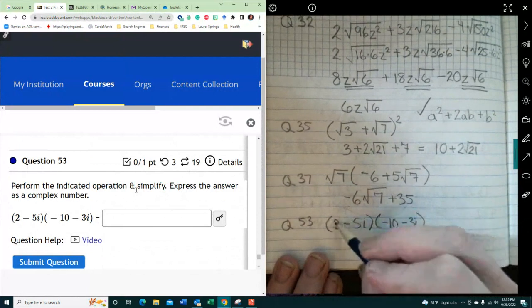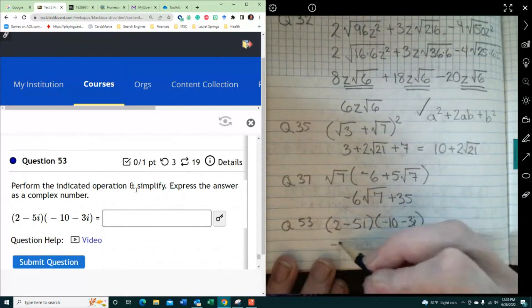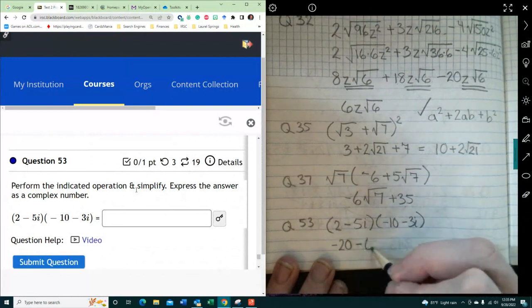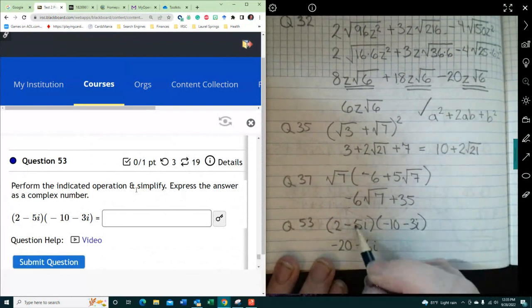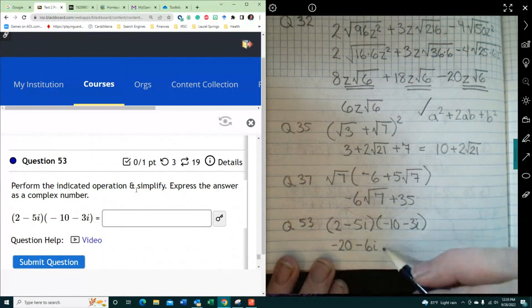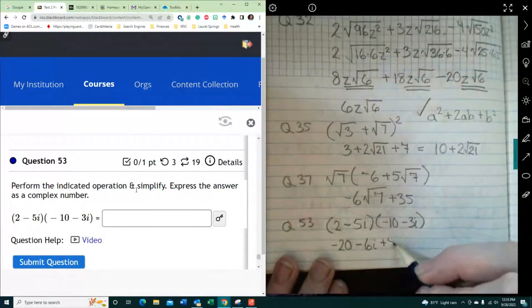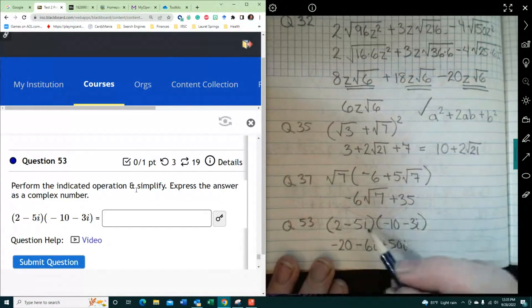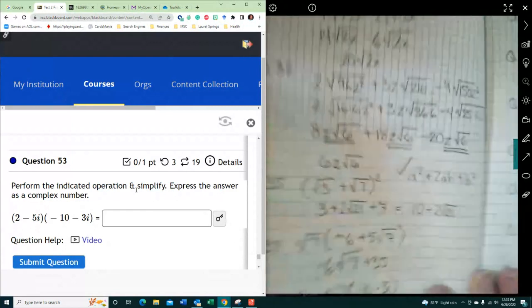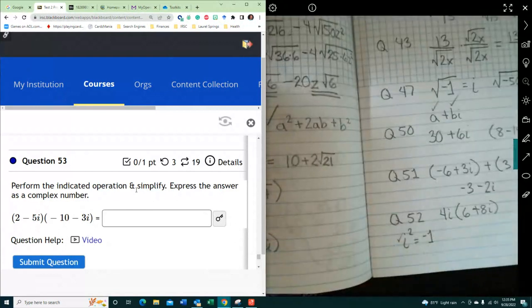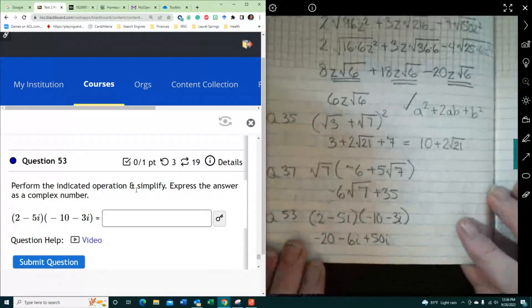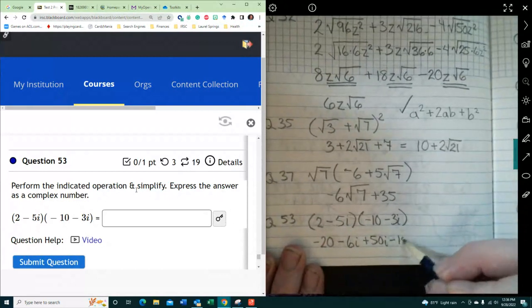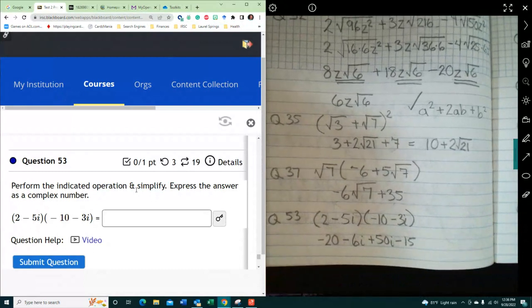So 2 times -10 is -20. Now 2 times -3i is -6i. And then -5i times -10 is +50i. And then -5i times -3i: a negative times a negative is positive. But remember, i squared is equal to -1. So when we multiply that out, even though this is positive, you're going to get -15 because of the i squared.